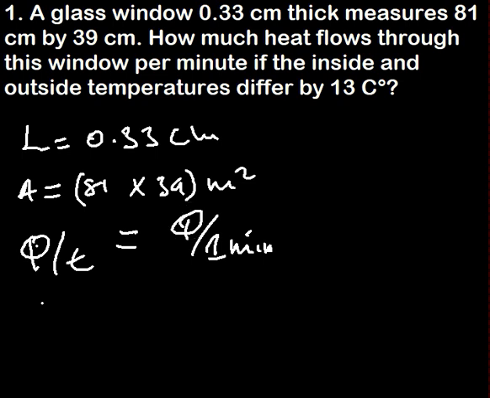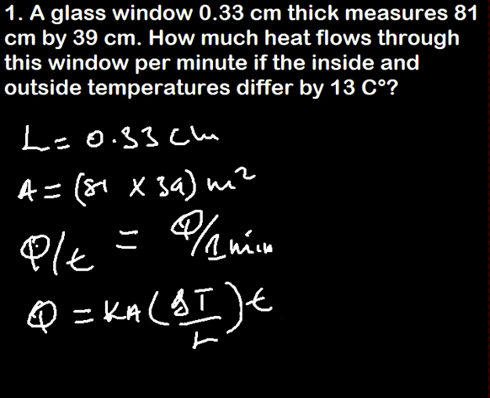For conduction, the heat is given as Ka times the temperature change divided by the length, which is the thickness, times time. Since we are to express this per time, the time is divided on both sides. So we're looking for the heat per time, which is equal to Ka times the temperature change, divided by the length, which is the thickness.